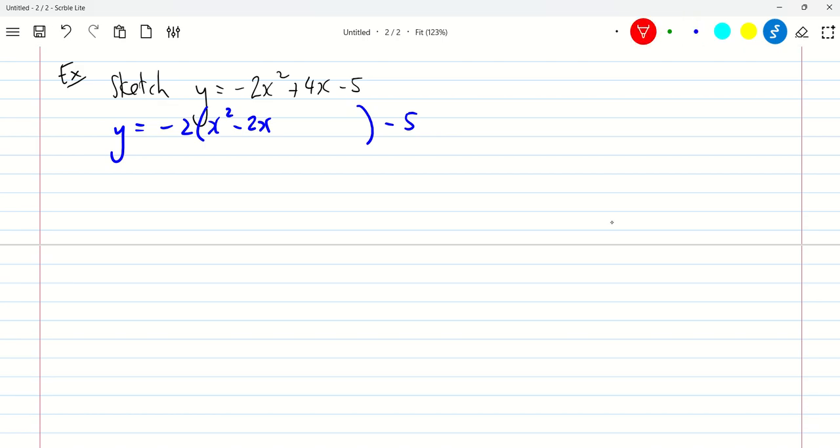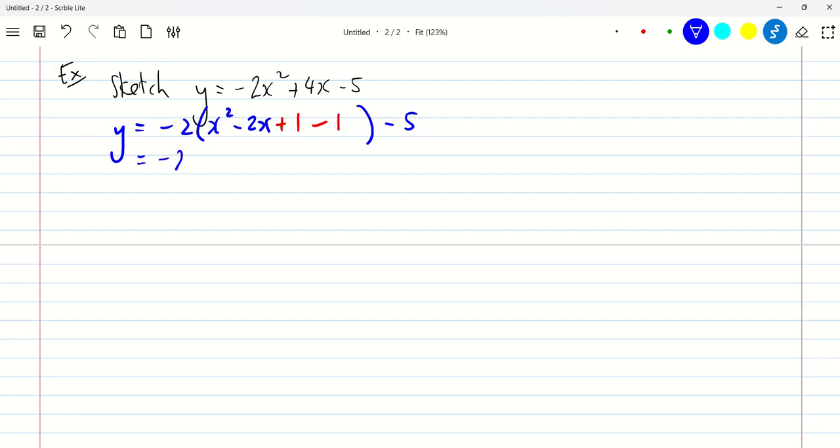Now I'm going to complete the square of the middle. What do I need to do to complete the square of x squared minus 2x? I need to halve -2, which gives -1, and then square -1 gives me +1. So that will complete the square. I'm not allowed to just add +1 from nowhere, and so I also need to -1 there. I haven't changed anything. It's still equal to this.